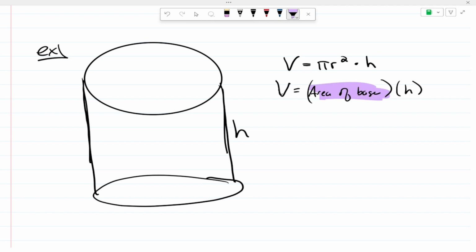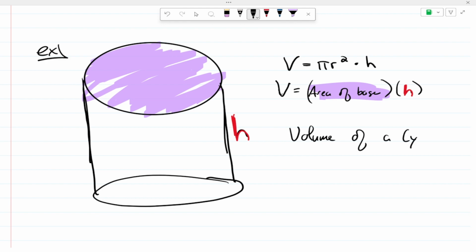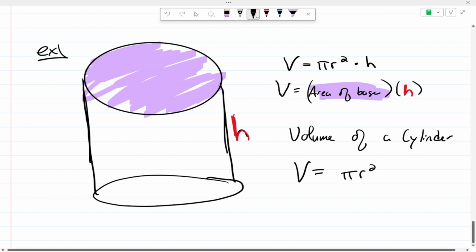The area of the base would be the circle, and then I just multiplied it by the height. And that's it. So the volume of a cylinder is V equals pi r squared times the height of the cylinder, h.